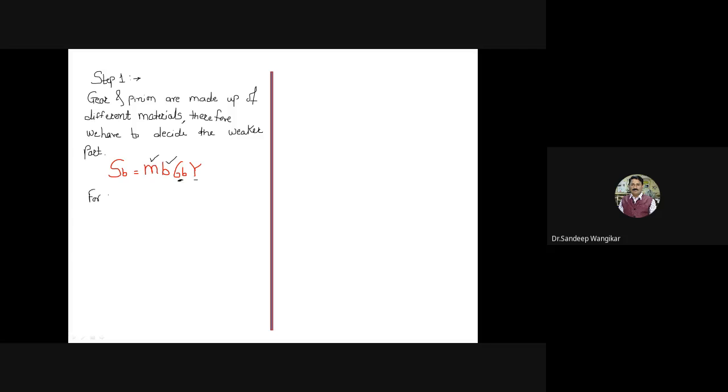So I will write down here for pinion. For pinion, I have to calculate sigma b into Y. For gear, also I have to calculate sigma b into Y. So for pinion, sigma b is equal to SUT divided by 3, 410 divided by 3.